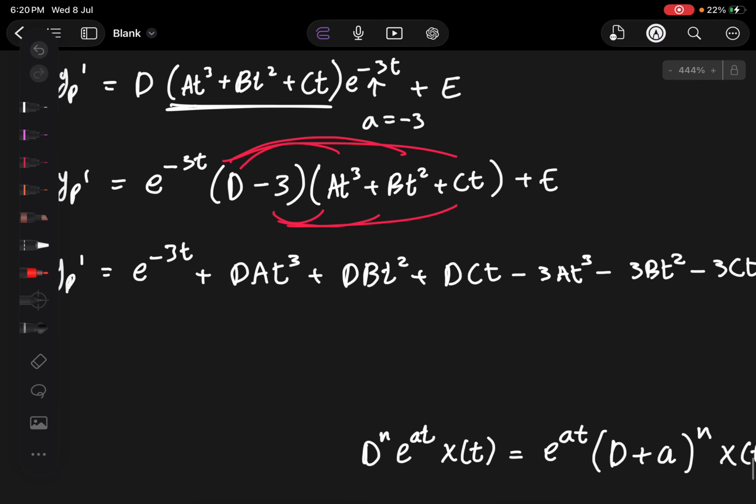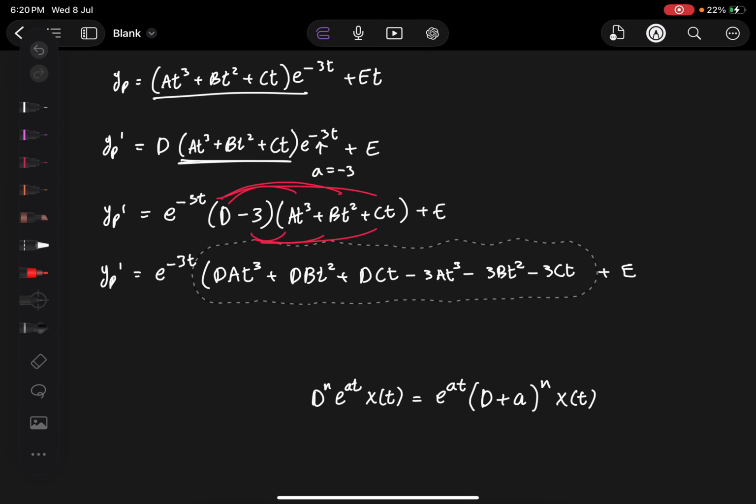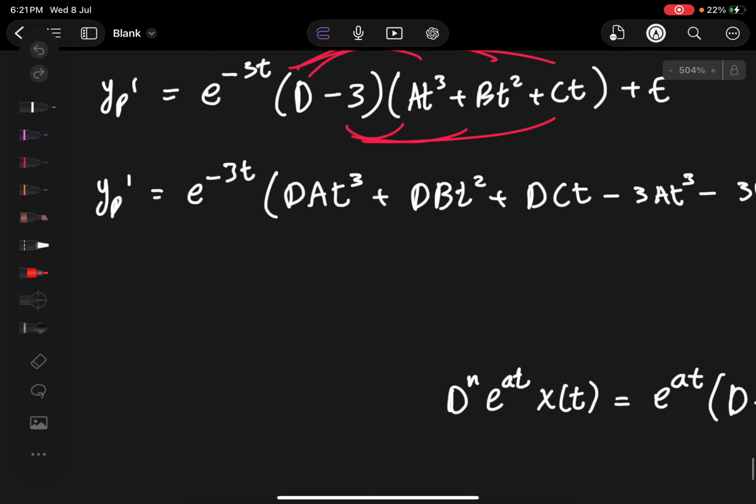Sorry, this is multiplication, not plus. The e is multiplied by all of this, so this is multiply e. Okay, so I expanded this, I got this. So let's simplify it. Yp prime equals e to the negative 3t.